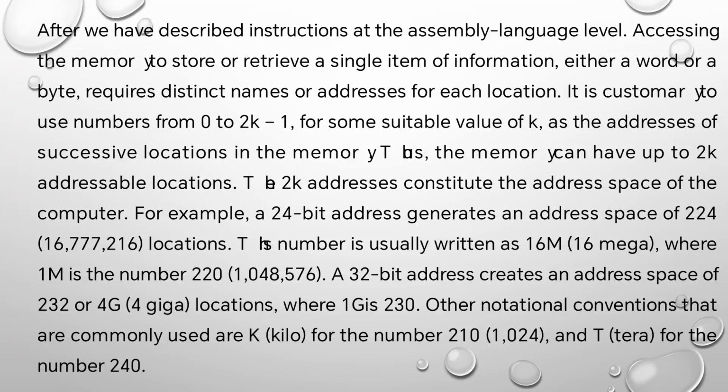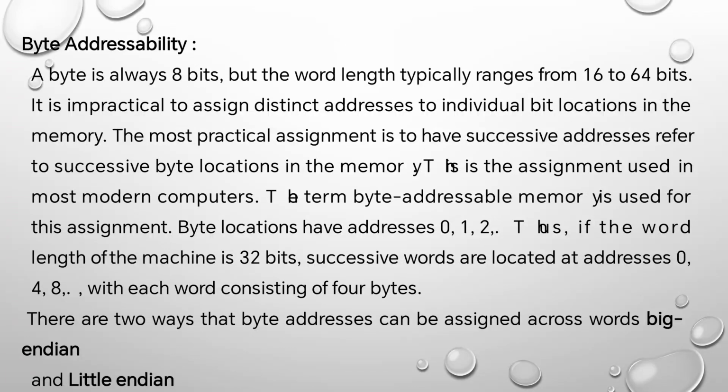Byte addressability. A byte is always 8 bits, but the word length typically ranges from 16 to 64 bits. It is impractical to assign distinct addresses to individual bit locations in the memory. The most practical assignment is to have successive addresses refer to successive byte locations in the memory. This is the assignment used in modern computers. The term byte addressable memory is used for this assignment.